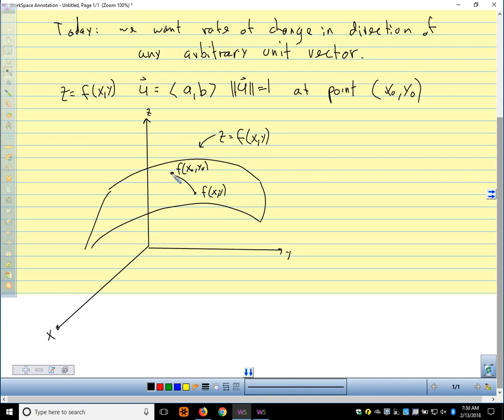So if we project this down into the plane, I'm going to call this point x0, y0 P. And we'll move along in this direction, and there's going to be point Q at x, y.